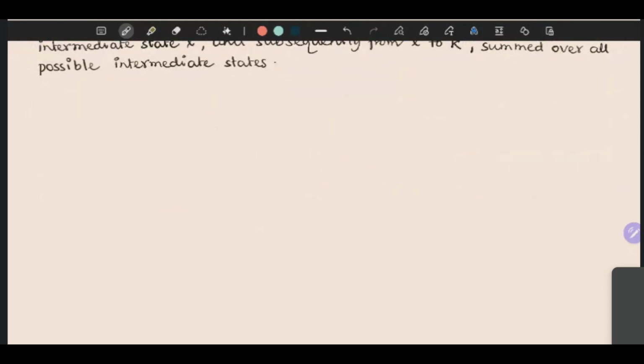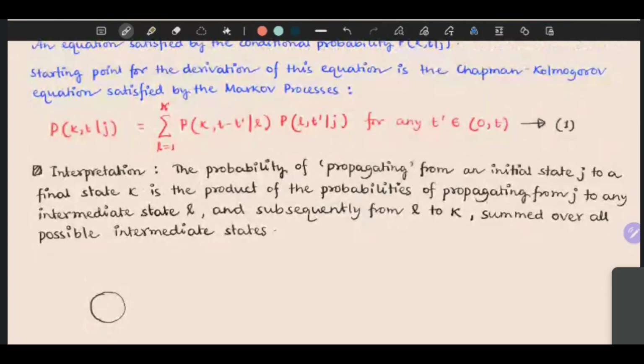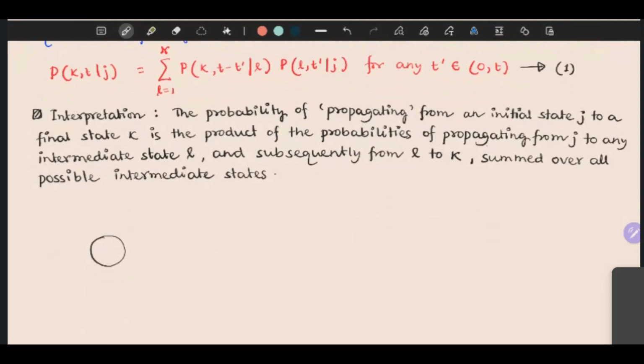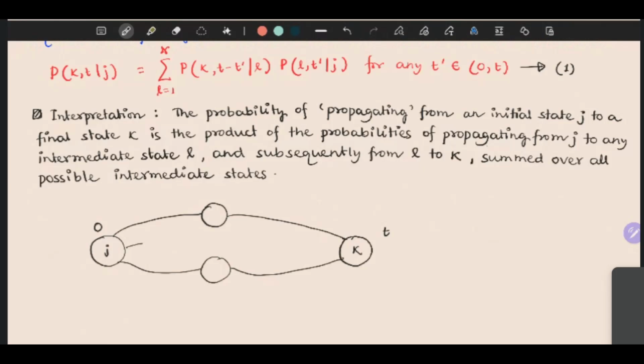So basically, let's say you are at this state j, and you need to reach here, which is k, at time t, starting from time 0. To reach here you can go in different paths. So these are different values of l at this point.